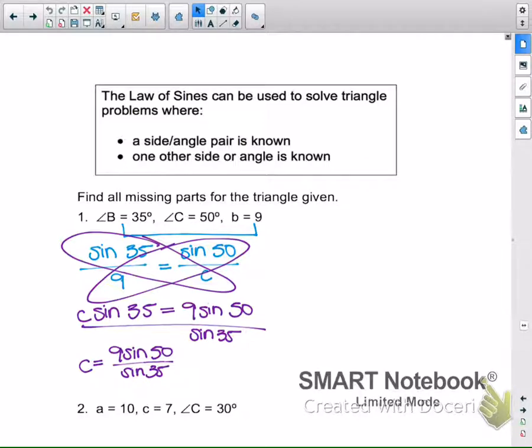Now this one says to solve for all missing pieces. What is still missing after we get side C? We are still missing angle A and side A. Now, some of these will trick you because they don't always give you all of the information that you think you need.